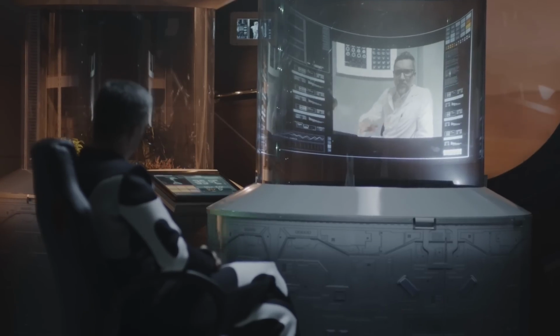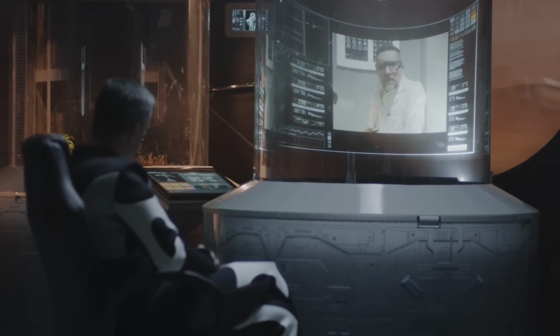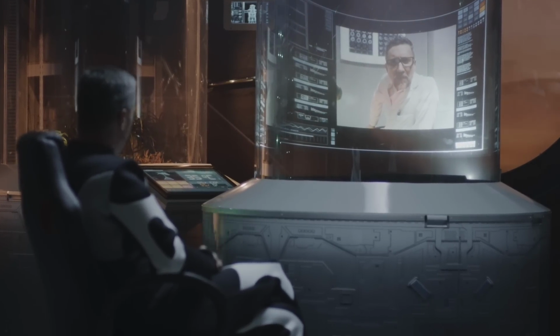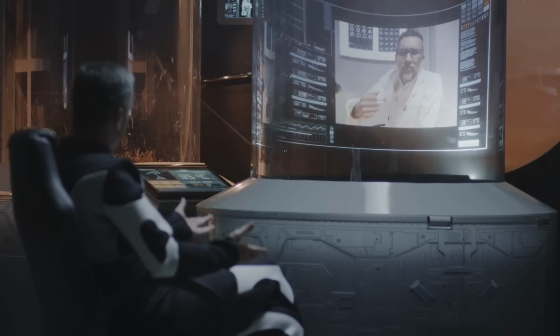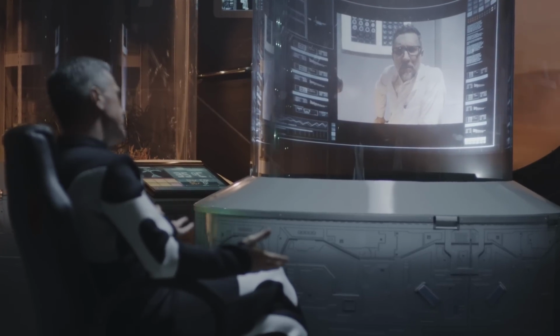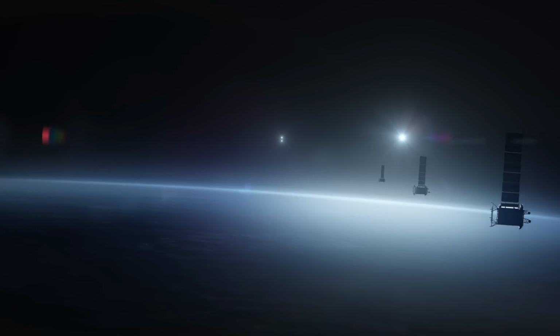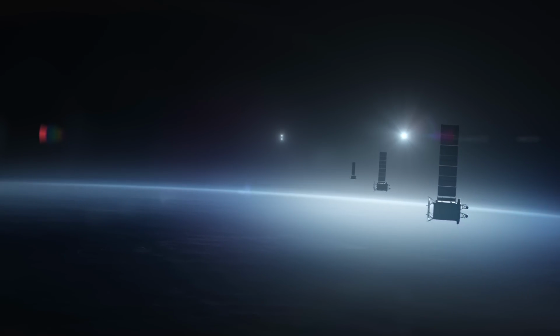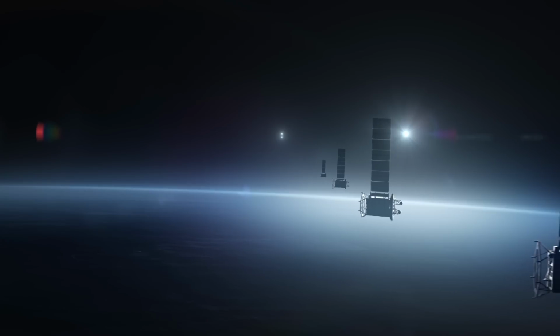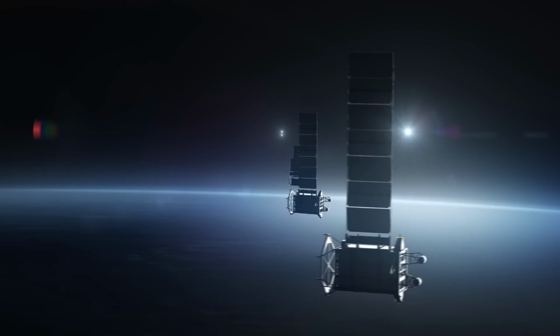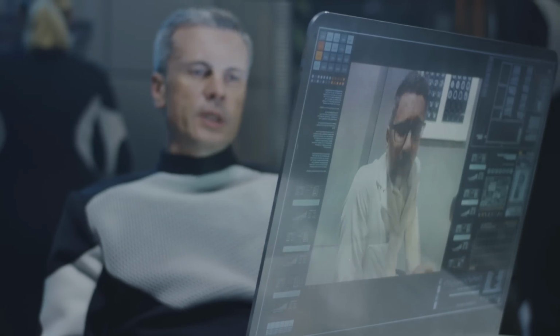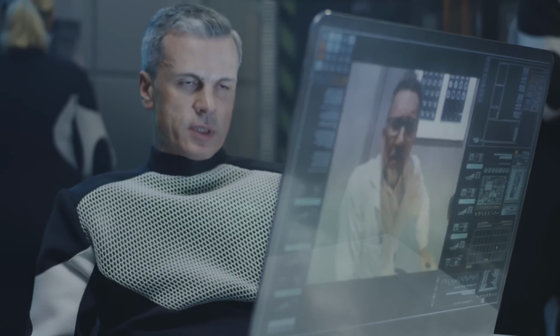To resolve these issues, spacecraft will require advanced communication and navigation systems capable of handling the unique demands of interstellar travel. One possible way to do that is to use a network of interstellar satellites that could relay information between Earth and the ship, ensuring faster and more reliable communications.